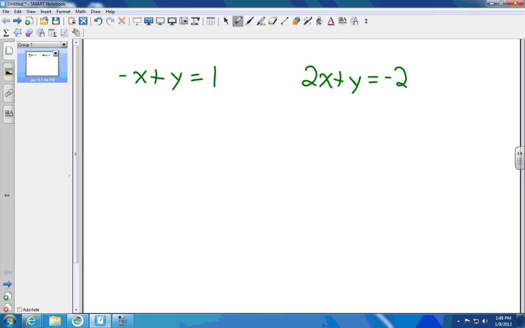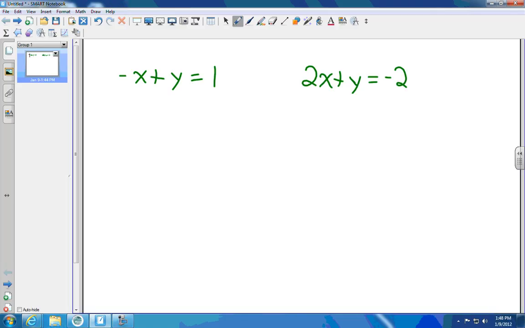That has a 2, this y has a 1, this y has a 1, and that has a negative 1. But you don't want to solve, unless you have to, for the variable that's got a number other than 1 in front of it. So in this problem, this would be the worst variable to choose. Most of the time, it's going to be whichever one has a 1 in front.